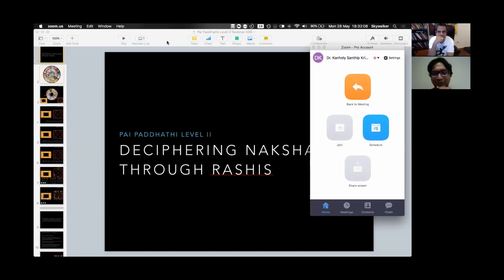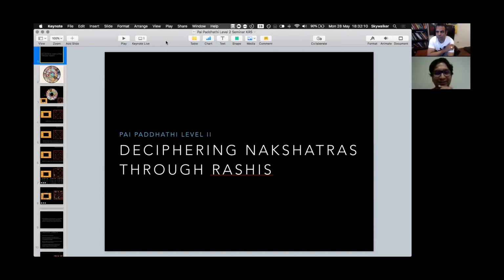Now we are going to take that concept to the next level. There are more levels you can add to make it more complex, but connecting the Rashis to the Nakshatras itself is literally a new way of looking at Nakshatra. I just want to present this idea so that other researchers out there can also work on it and take it to the next level too.